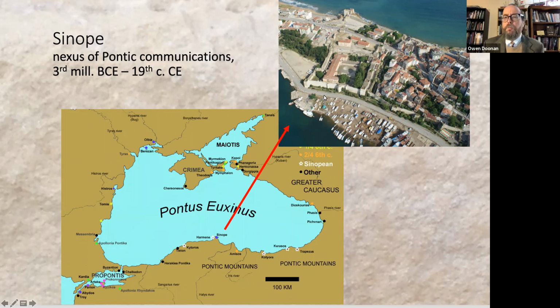Then as we zoom in on our site itself, Sinope, you can see that it is in this detail here. Our excavation is at the furthest little point in the entire ancient city, a tiny slip of land that we were granted by the mayor of Sinope as an initial area for excavation.